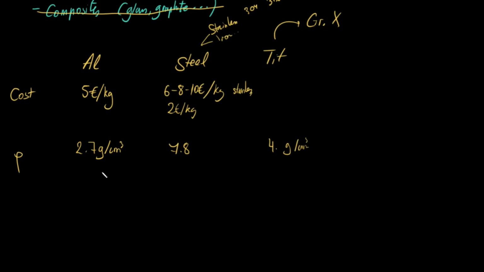Then for the ultimate stress, aluminum varies a lot. Normal alloys maybe have an ultimate stress of around 300 megapascals. This could be 6000 series.